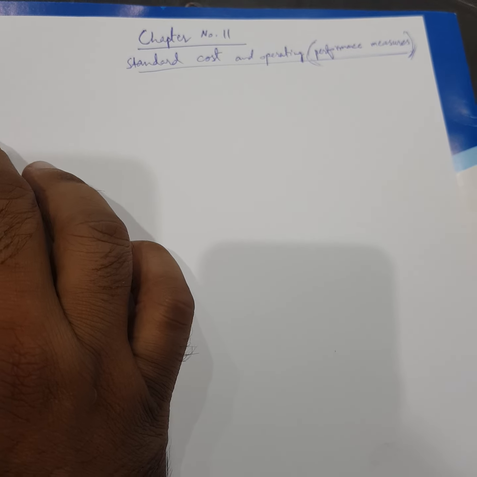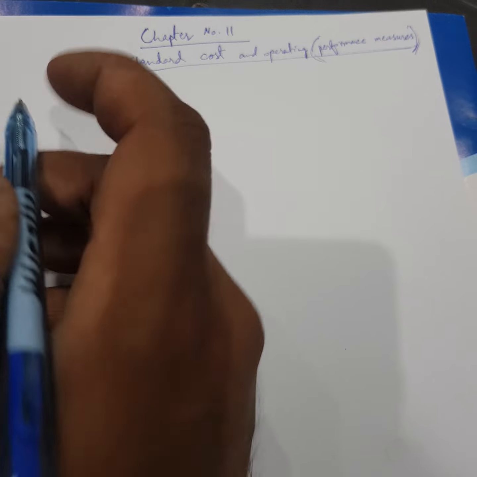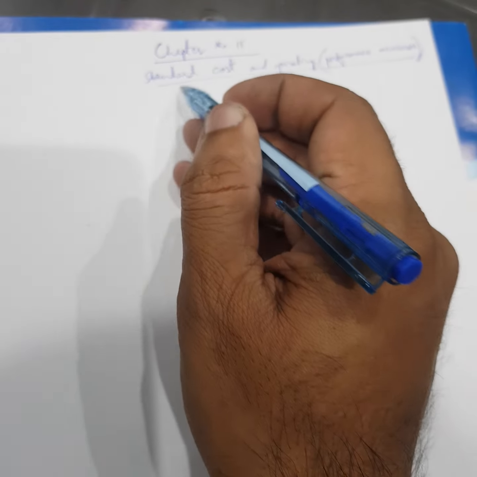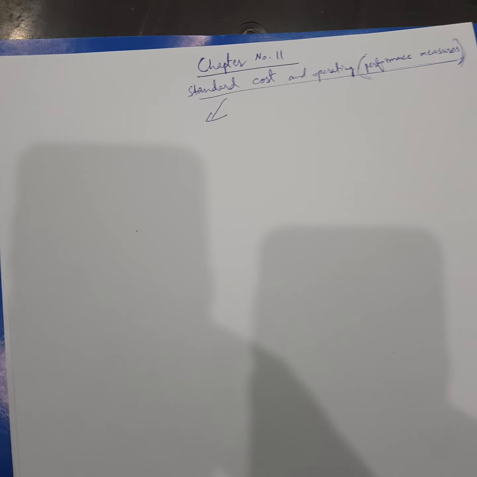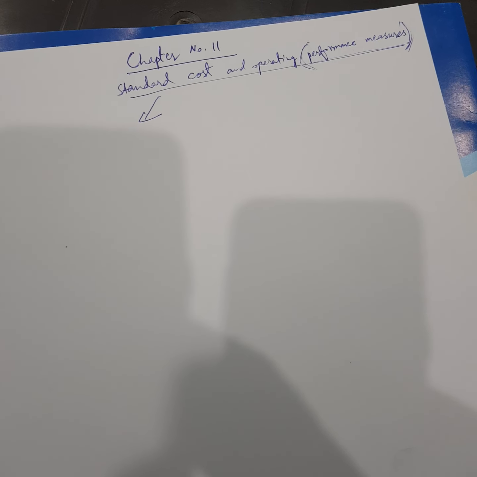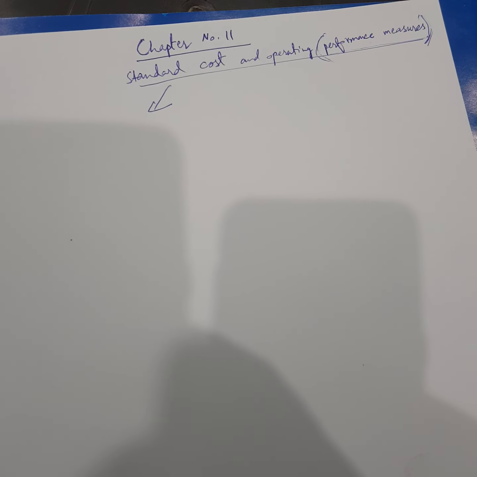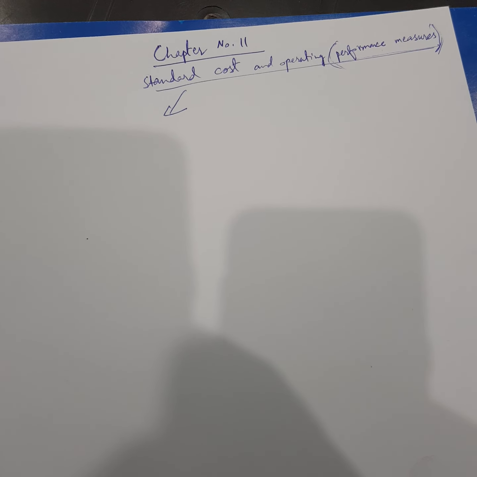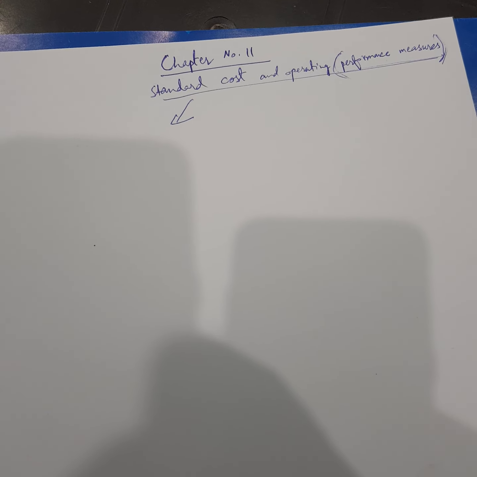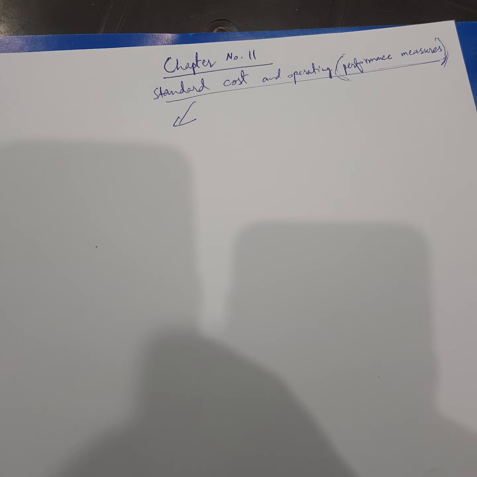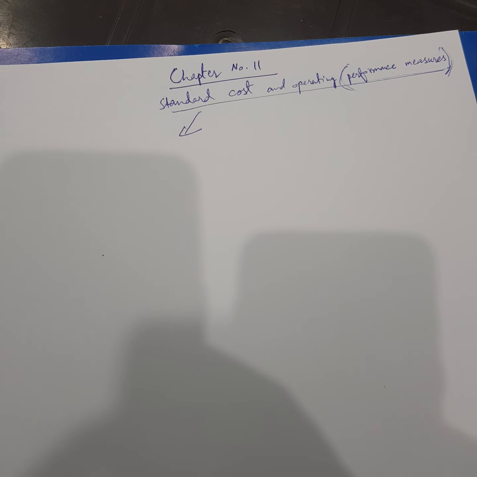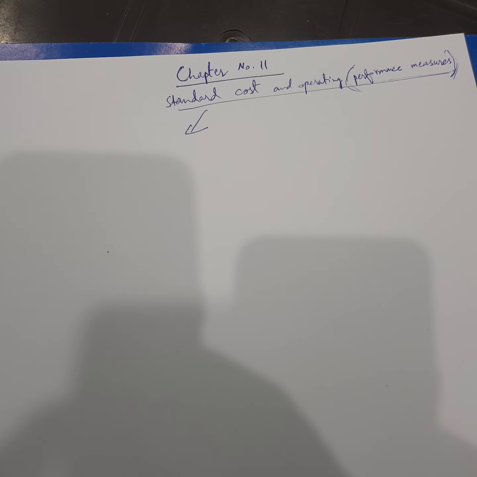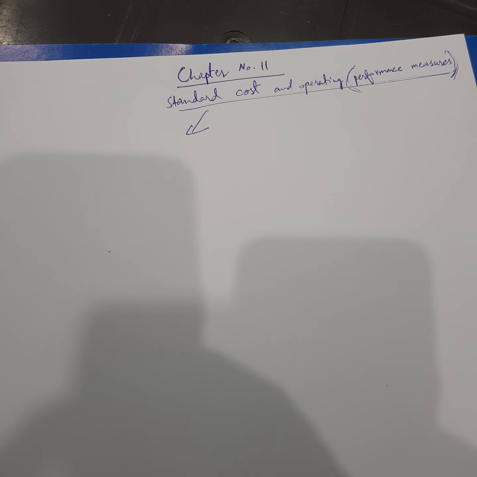So first of all, to discuss standard cost, we can say standard cost is that cost that is a benchmark cost, and for that purpose we need to attain those benchmarks.